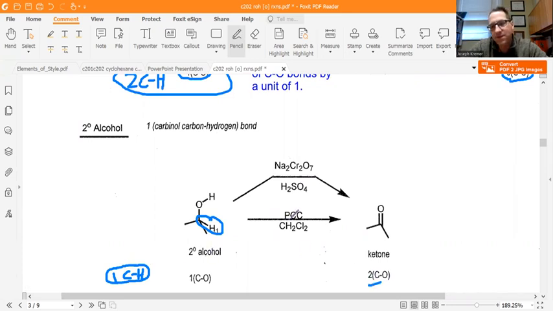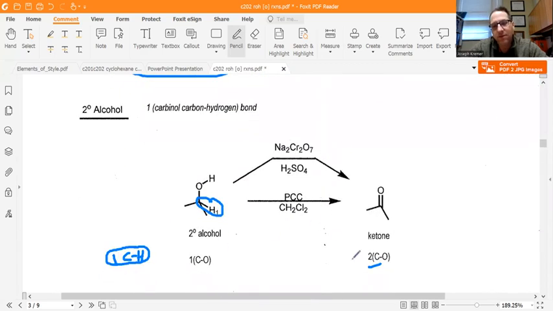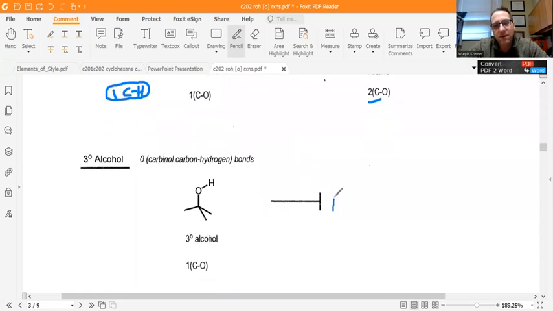And PCC is going to give the same product because PCC is the world famous one-step reagent. So you're going to start with one and end with two. So as happenstance would have it, you have the same product, whatever strength of reagent you use for second degree alcohols. For 3-degree alcohols, there's going to be no reaction, as previously stated.